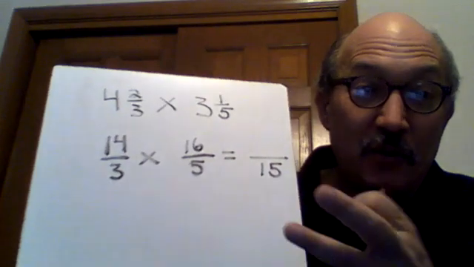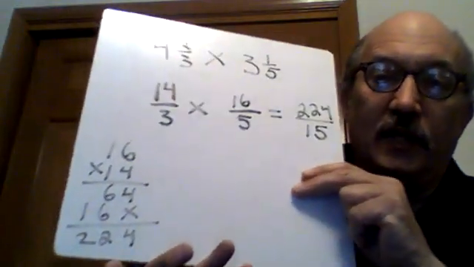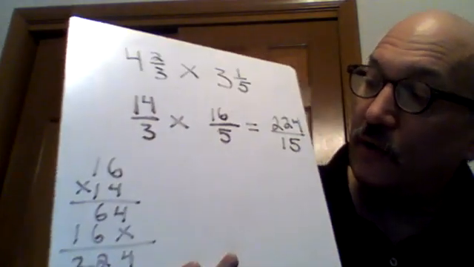I talked earlier about the numbers getting big when you deal with improper fractions. We now have to do 14 times 16, probably off to the side most of the time. We'll have to do that. And it looks like it's 224. I think that's what 14 times 16 is. Hopefully I did that correctly down here.